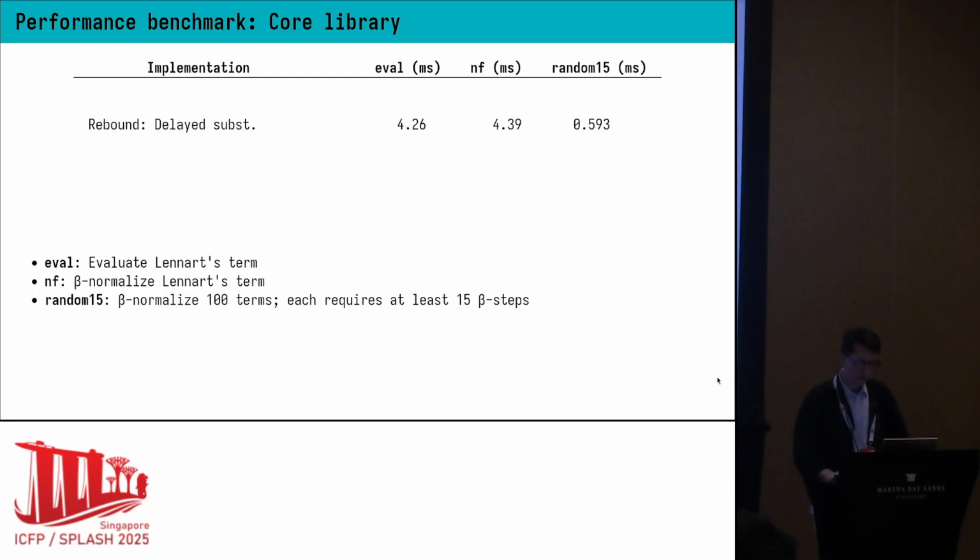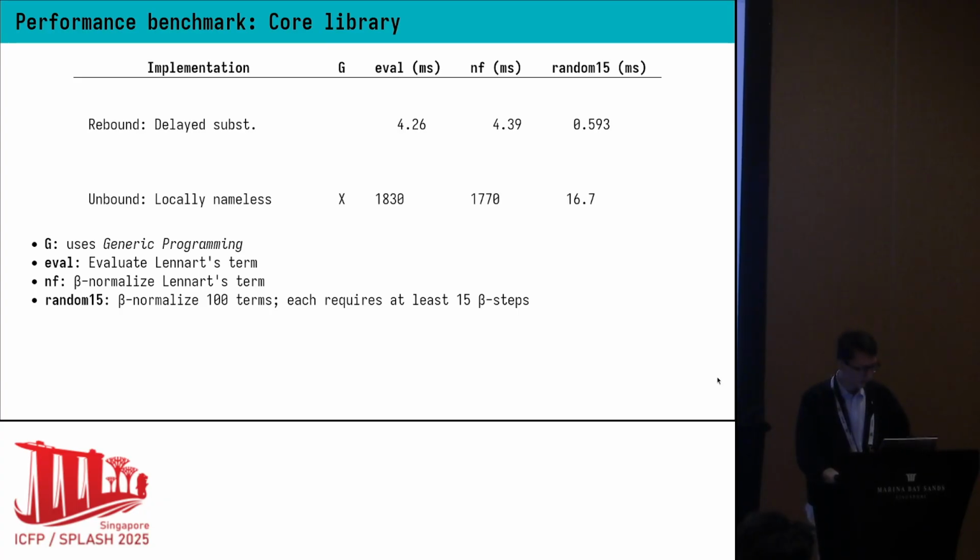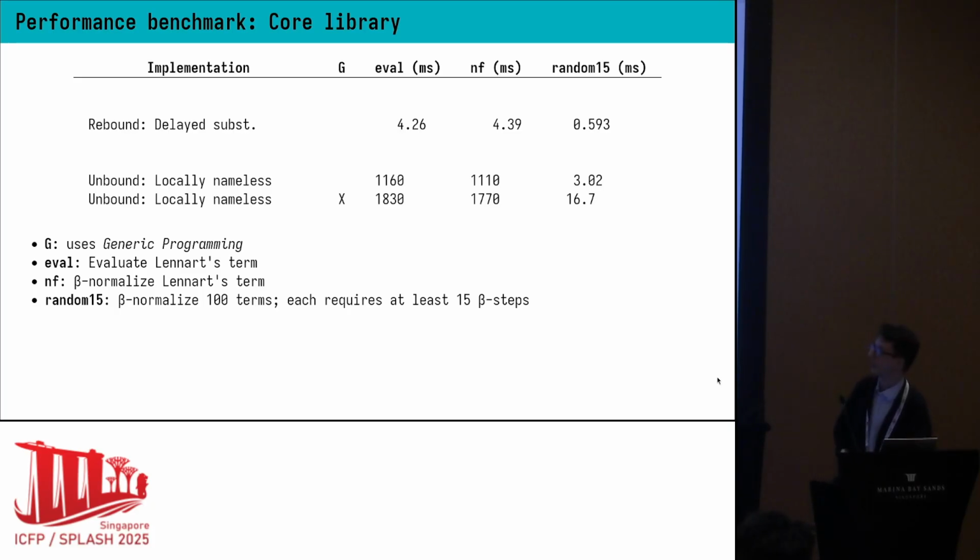So our baseline is going to be the Rebound-based implementation. And we can see here that the 2 Leonard benchmarks take roughly 4 milliseconds, and the random 15 benchmark is faster, taking 0.5 of a millisecond. So the next 2 implementations use the Unbound library.